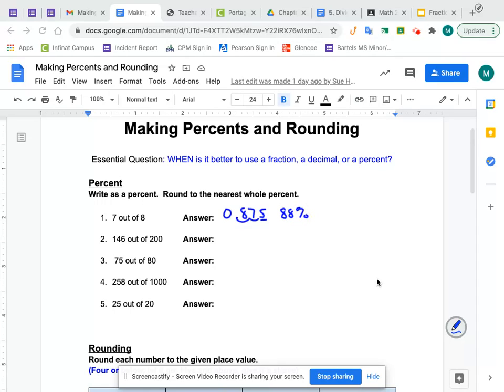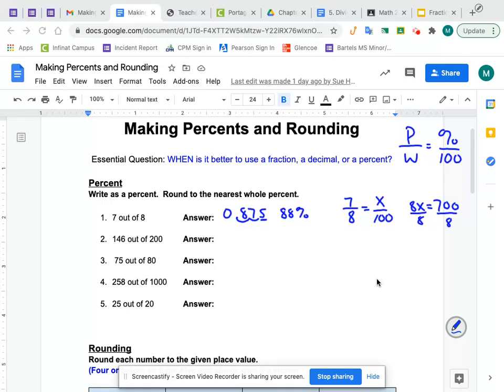Now, if I wanted to do the percent proportion, which remember we have part over whole equals percent over 100. Well, 7 is my part, so I would do 7 over 8 equals x over 100. So then when I multiply across, I get 8x equals 700 divided by 8.